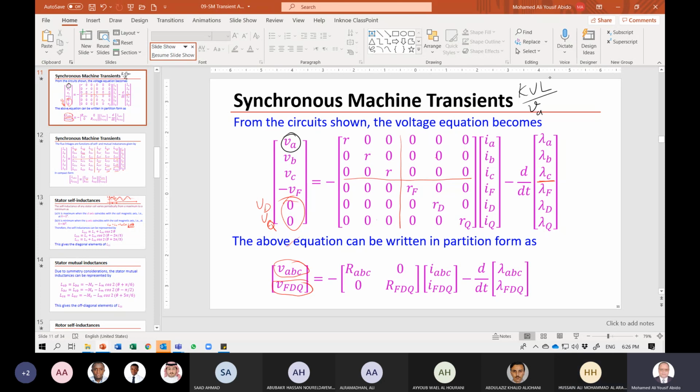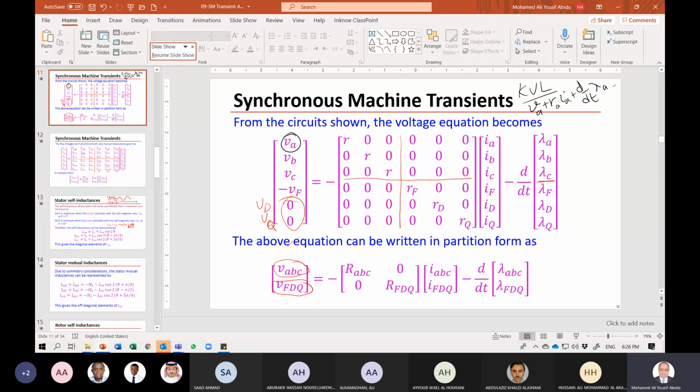This is the induced voltage, VA plus R times IA, RAIA, this is for phase A, plus d by dt of lambda A, which is LAIA.